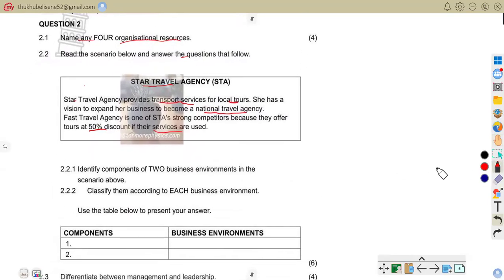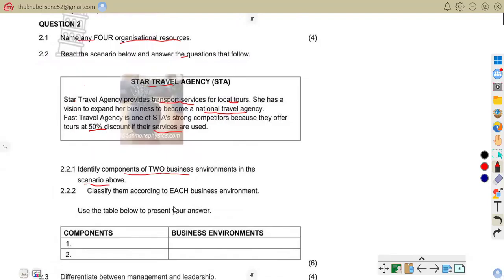The question says, identify components of 2 business environments in the scenario above.